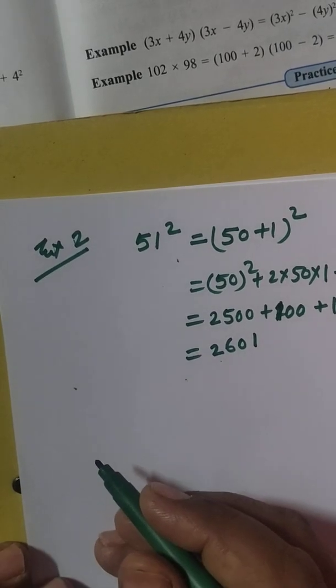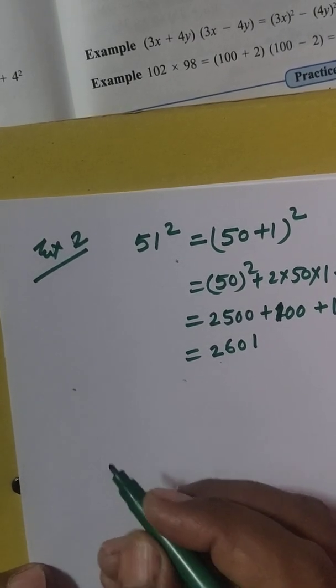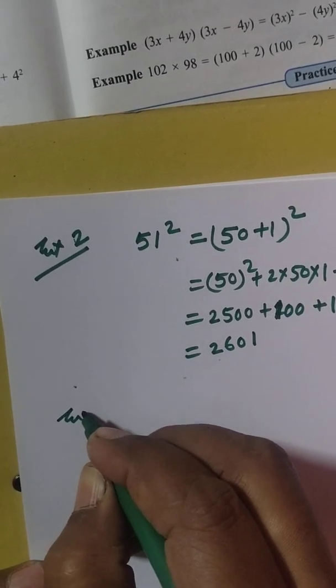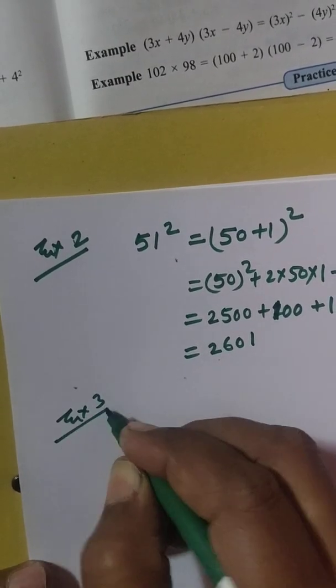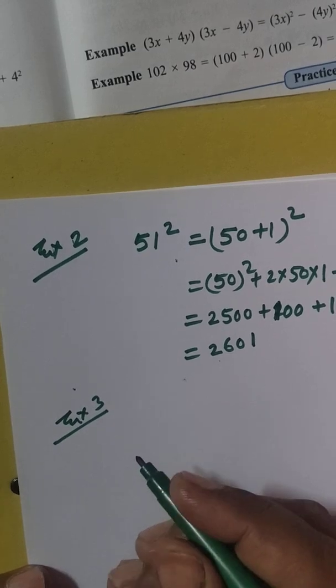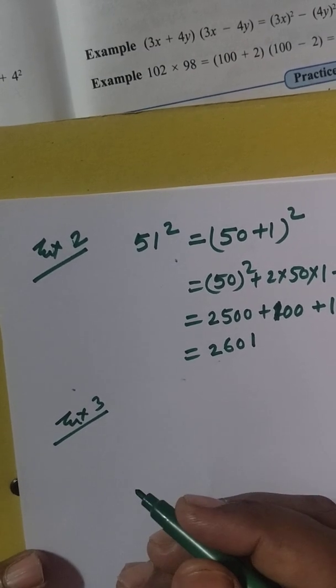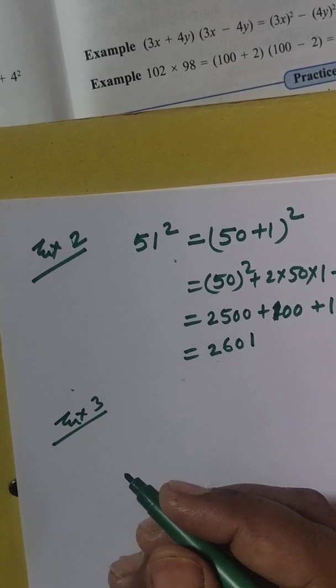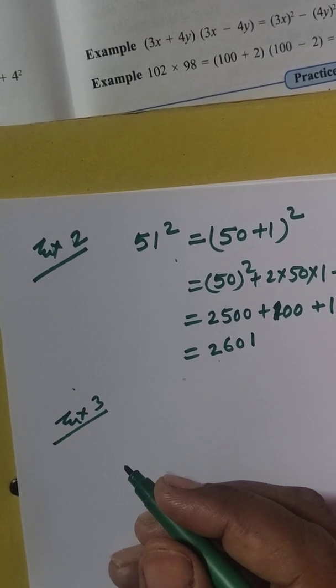Example number 3. Let us consider any other example according to the formula of (x minus y) whole square.